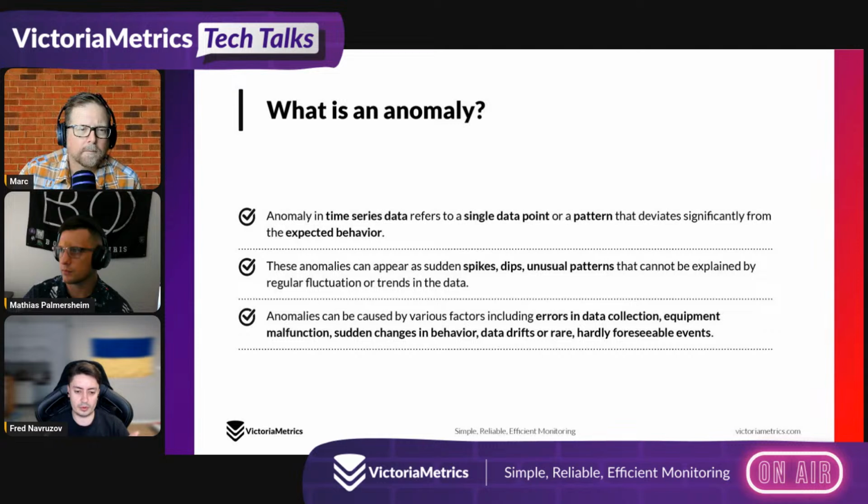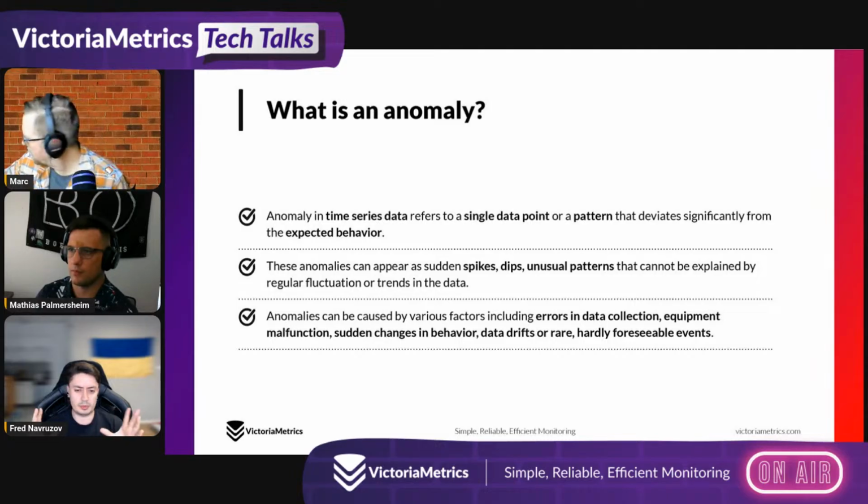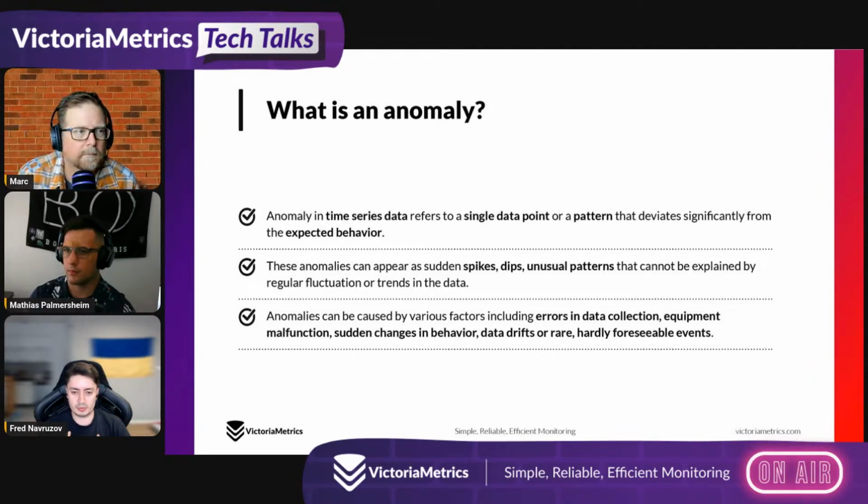But even for anomalies that do not have this time axis, an anomaly is usually some entity, maybe a single data point, maybe some object, maybe a pattern that deviates significantly either from the rest of the objects or from expected behavior, whatever you put in this expected behavior term. So it's defined by business logic, by context, and by the person who defines both, actually.